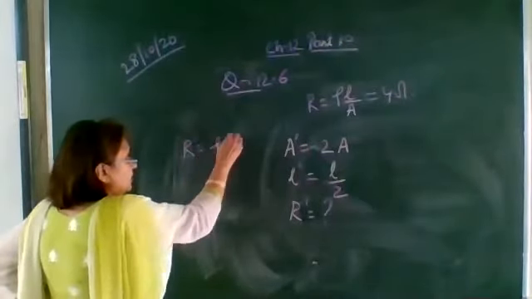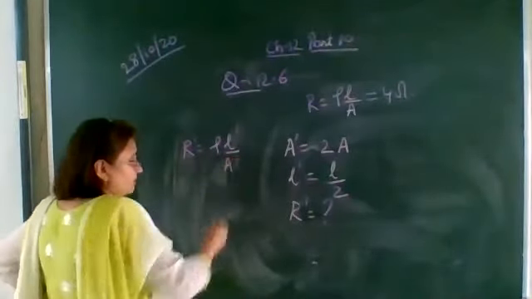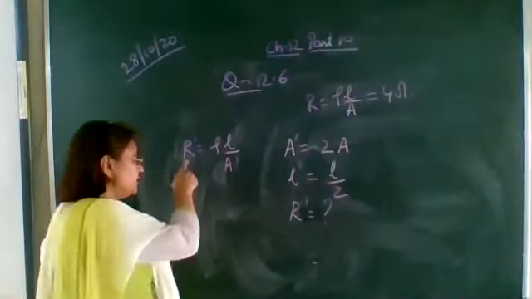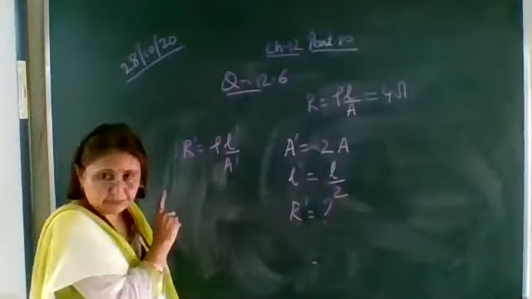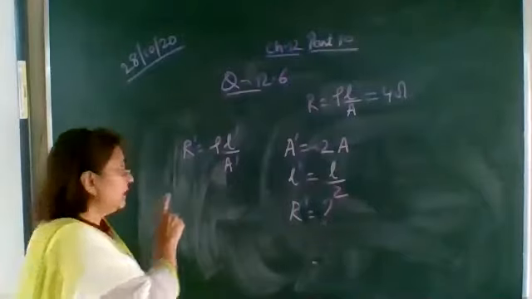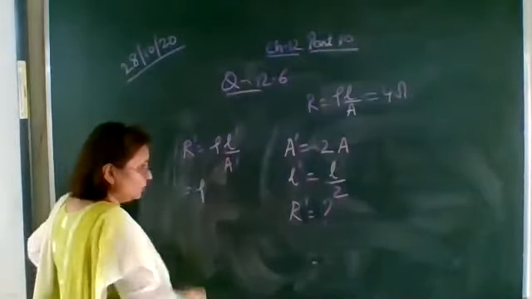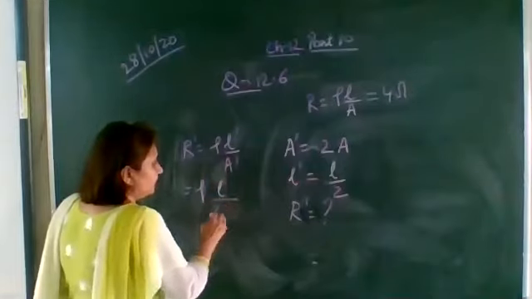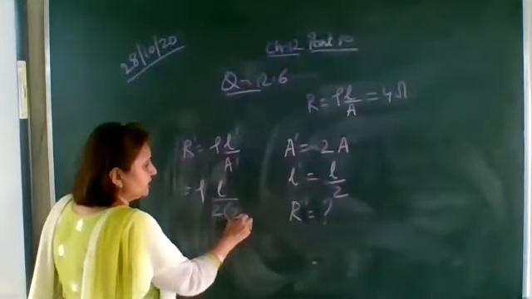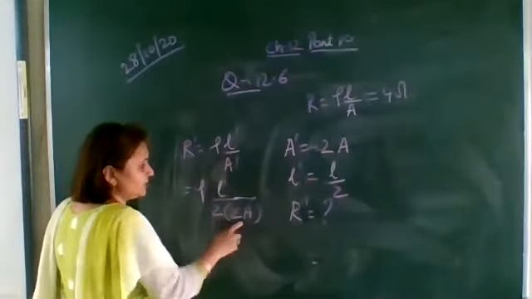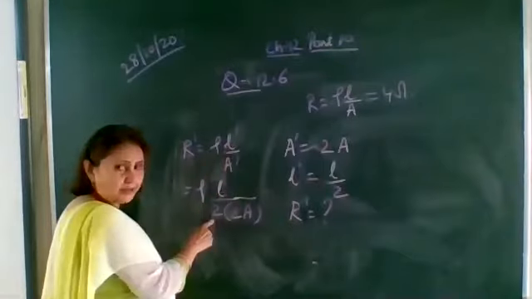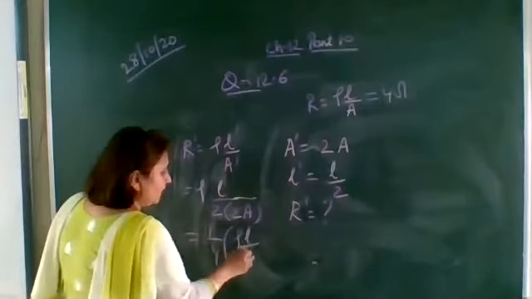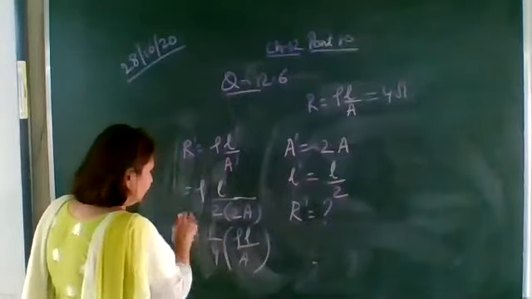R dash is equal to rho L dash upon A dash. The material is the same, so rho will remain the same. L dash is L by 2 and the cross-sectional area A dash is twice A. So it is equal to 1 upon 4 rho L upon A, which is the new resistance.